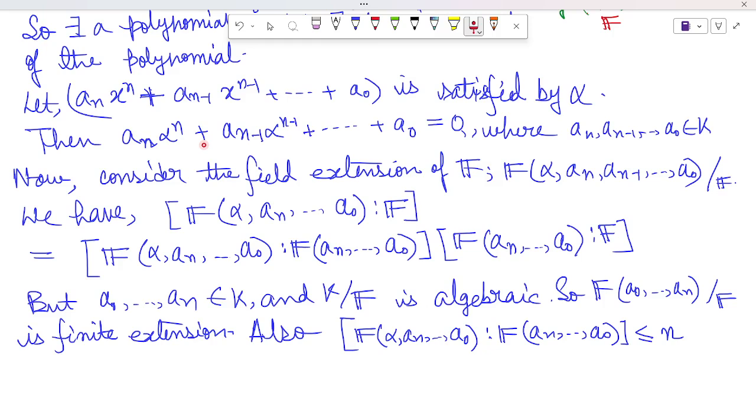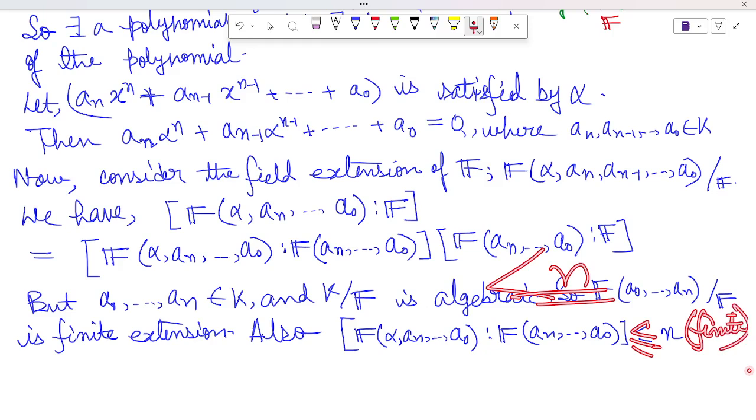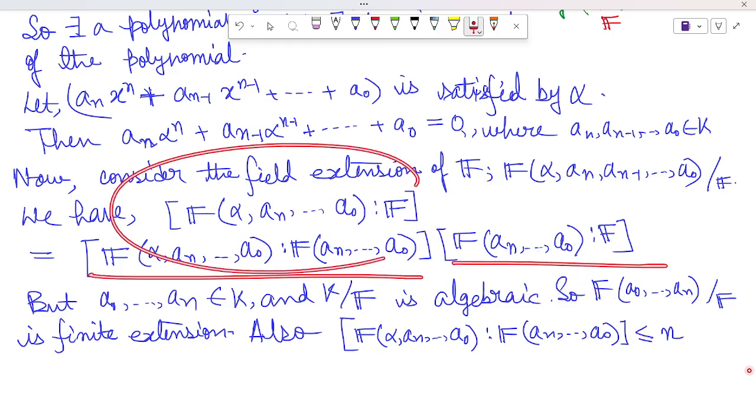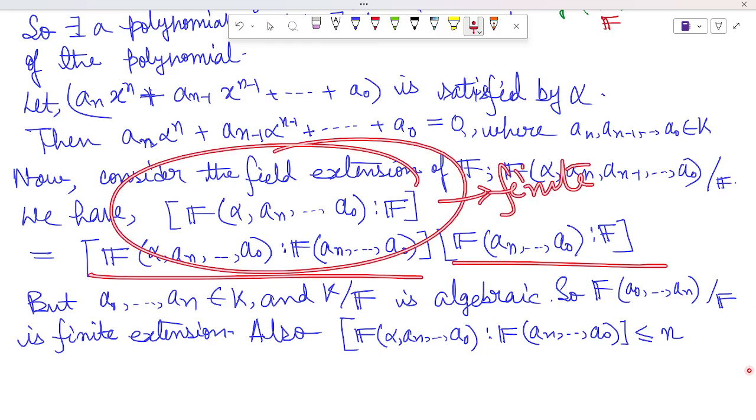If it is not minimal, then the degree will drop. As I don't know, it is less than or equal to n. So it is again finite. So both of them are finite, so this extension is finite because it is the product of two finite numbers.